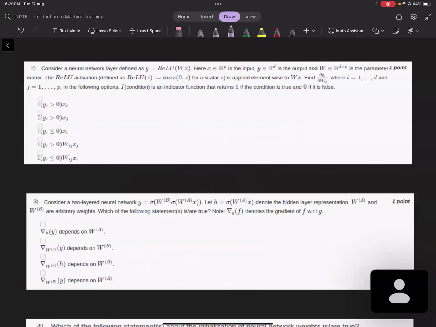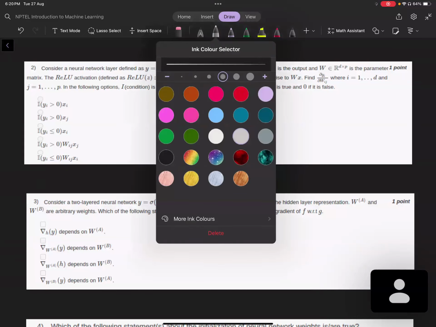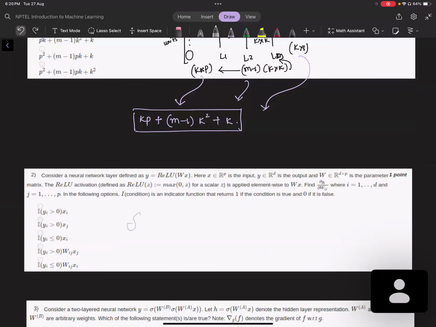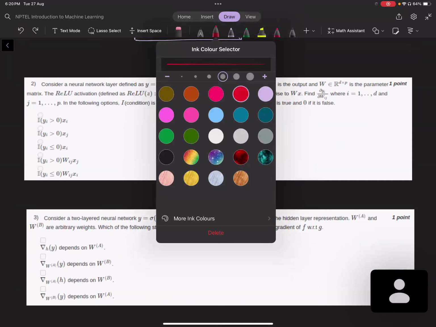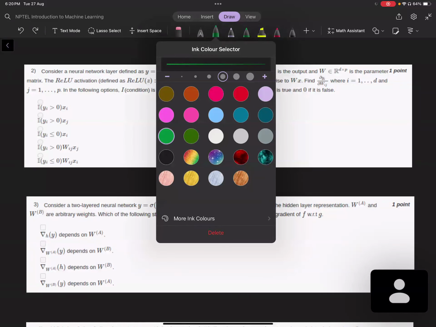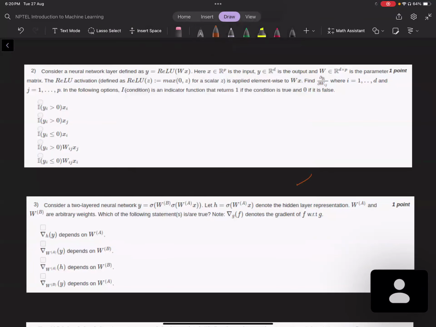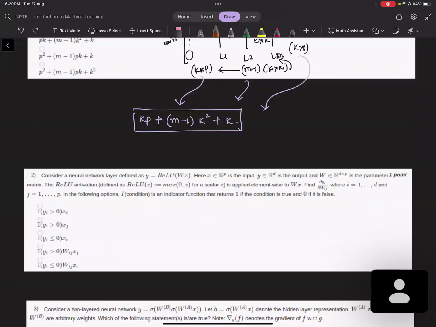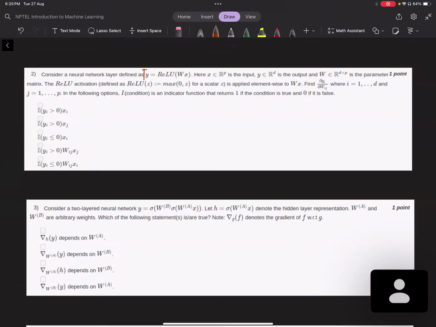You can try reading the question and we'll solve it in a while. 2 equals B, we'll see.